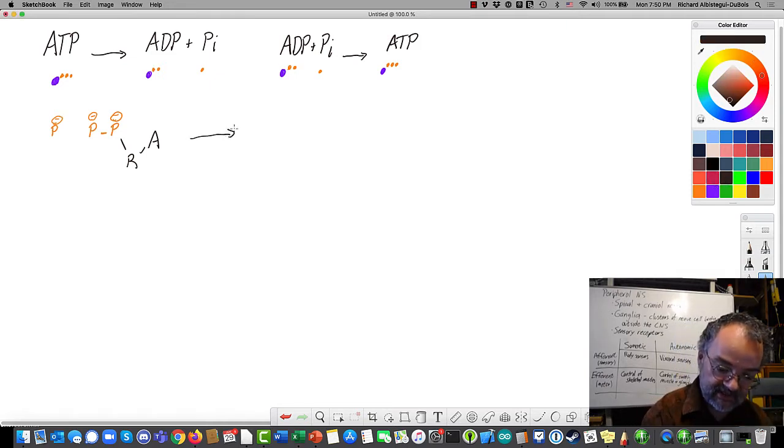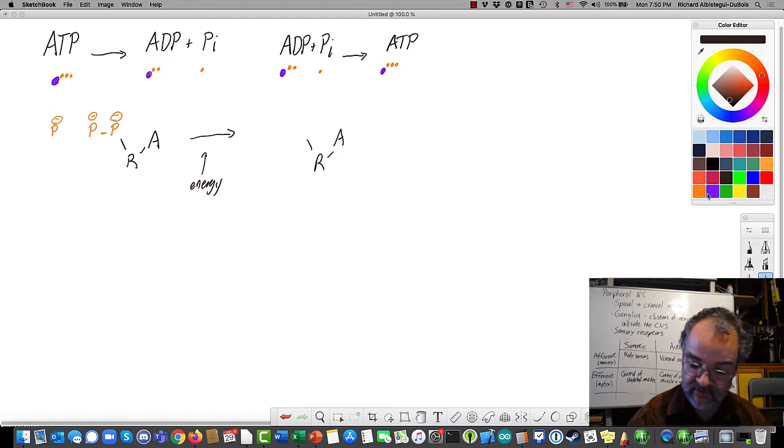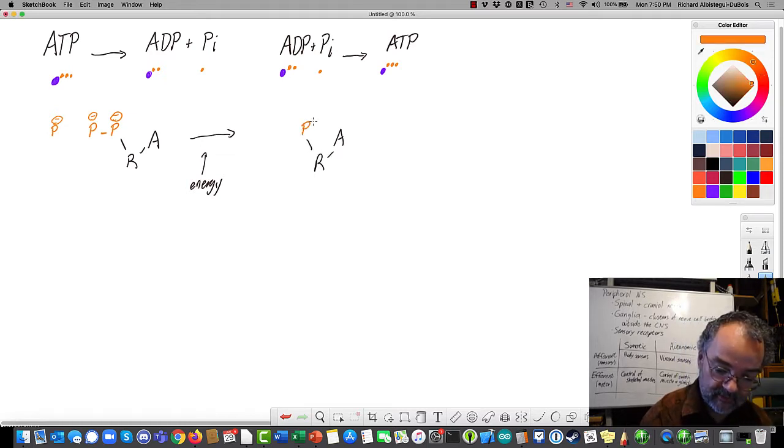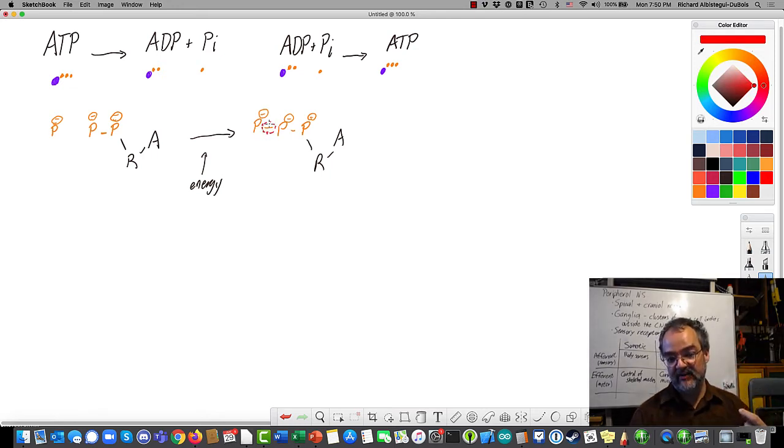So if I take this and also put in energy, then my adenine, my ribose, phosphate number 1, phosphate number 2, and phosphate number 3. This is the bond that I just formed that ties that on there.